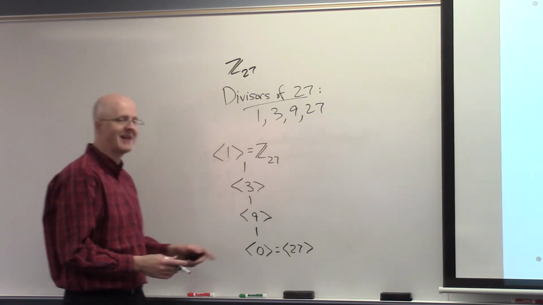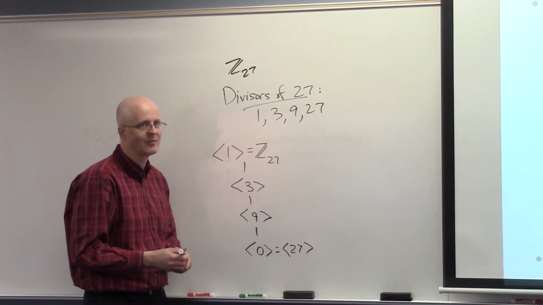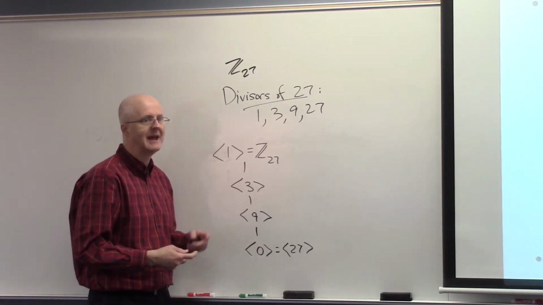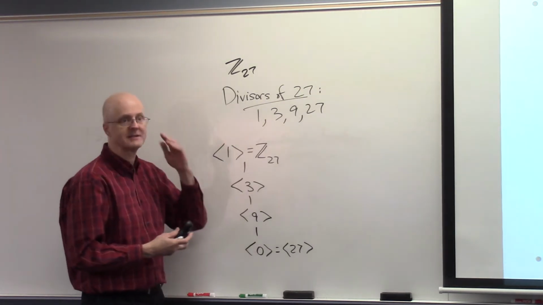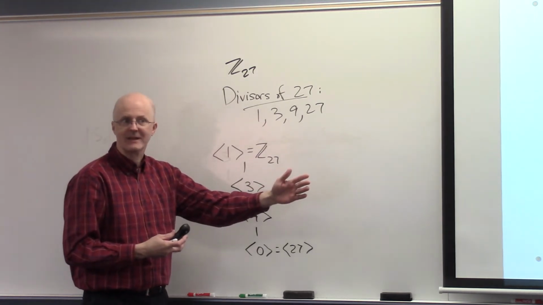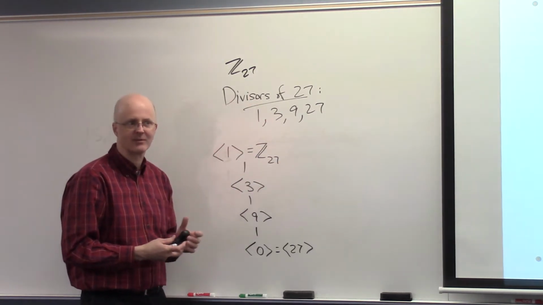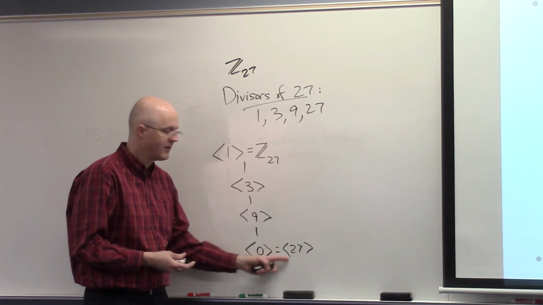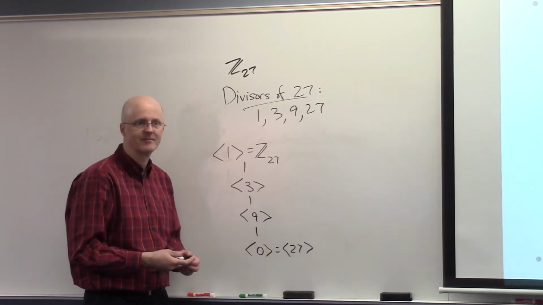But that's not technically the best thing to write for us, since as sets we were thinking of this as just including 0 through 26. 27 was not really an element of this set for us, but effectively it's that kind of thing.